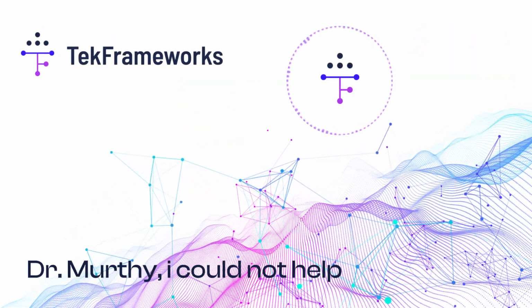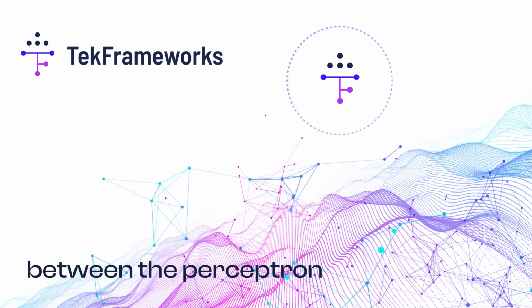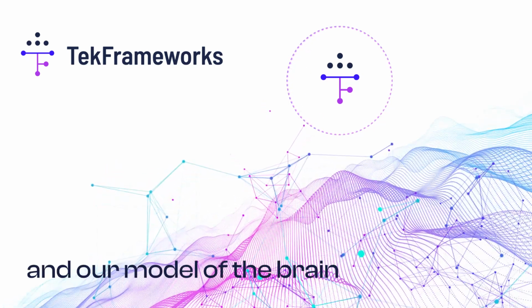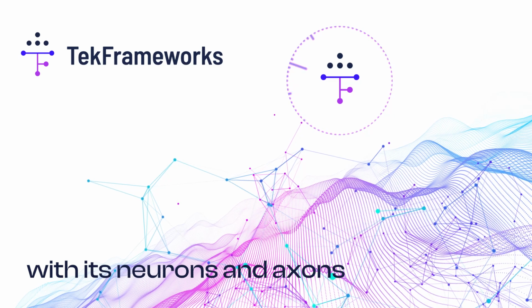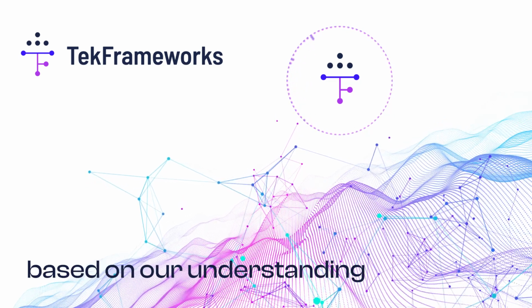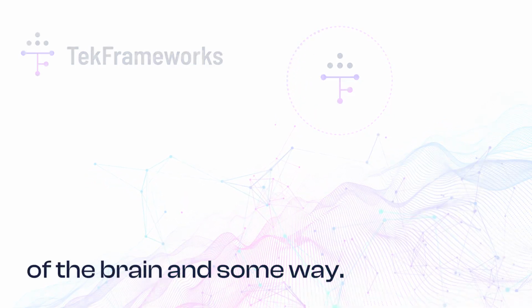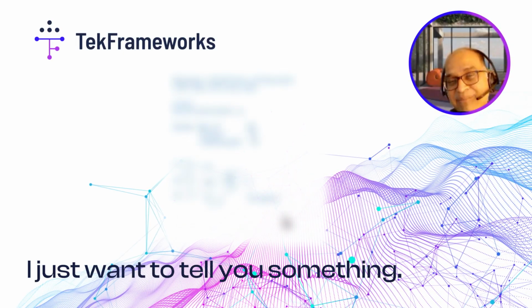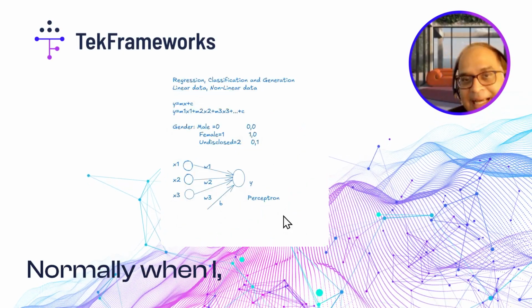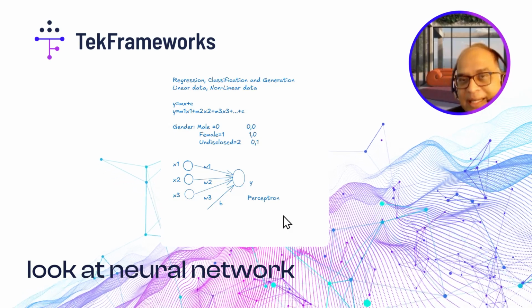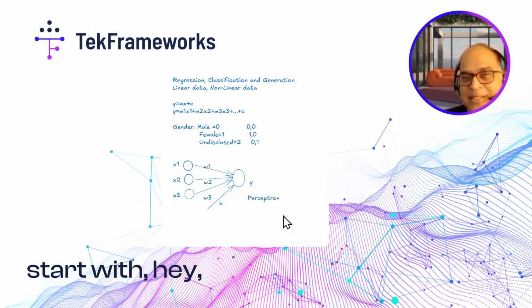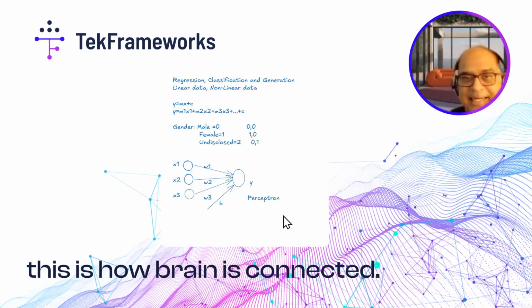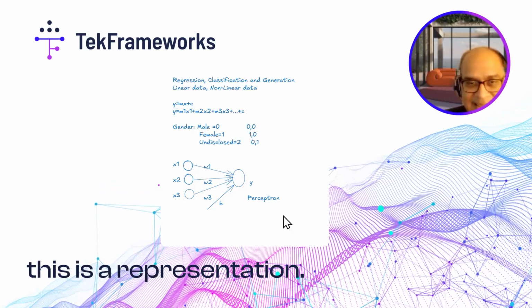Dr. Murthy, I could not help but notice similarities between the perceptron and our model of the brain with its neurons and axons. Is the perceptron based on our understanding of the brain in some way? In fact, I just want to tell you something. Normally, when I look at neural network literature, people start with, hey, this is how the brain is connected, and then this is a representation.